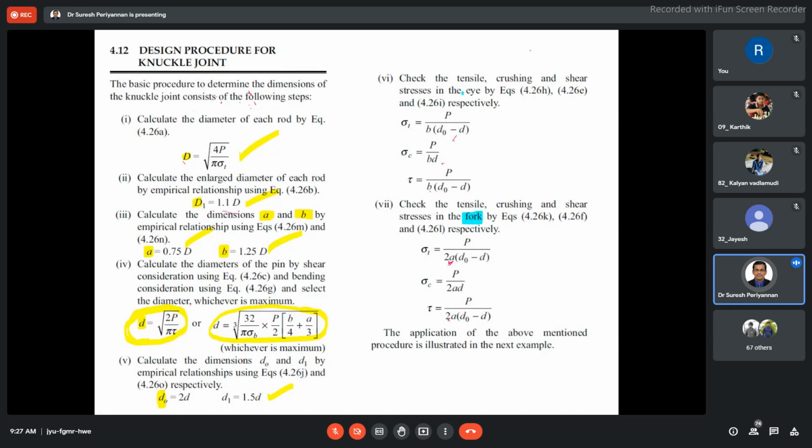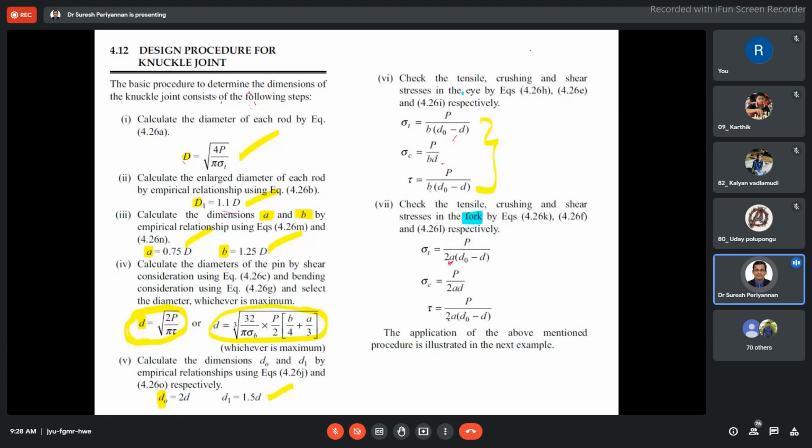Okay, now this is very important. The same thing we followed in the quarter joint. Once we have found the dimensions of each component of the knuckle joint, we have to verify that our tensile stress, crushing stress, and shearing stress tau are within the permissible limit or not.